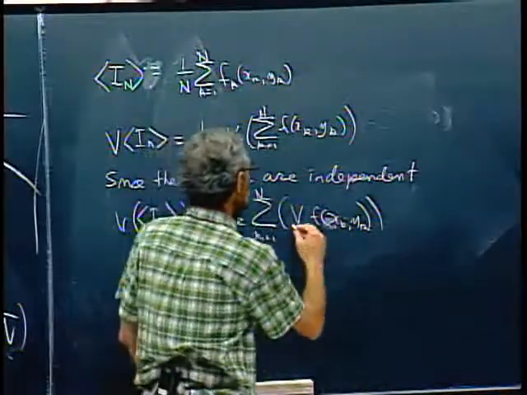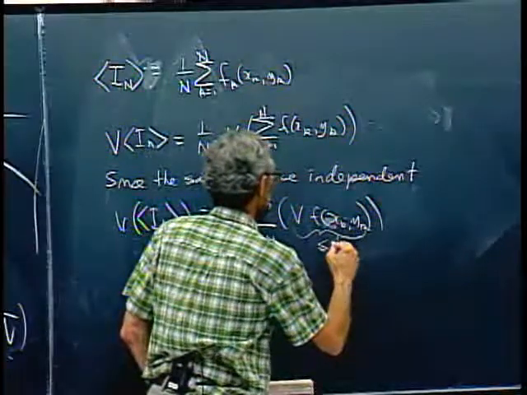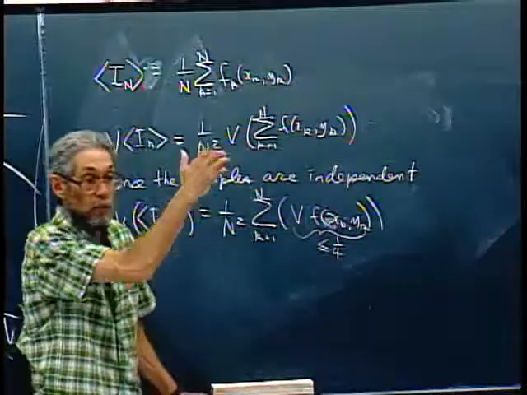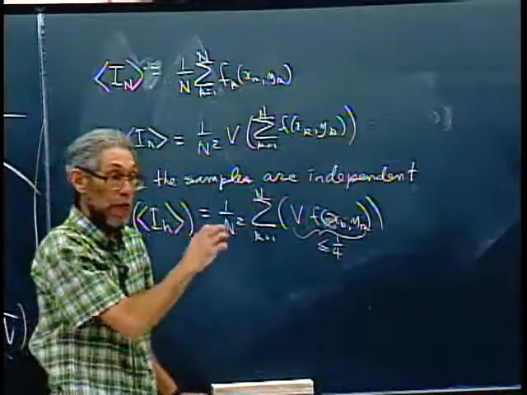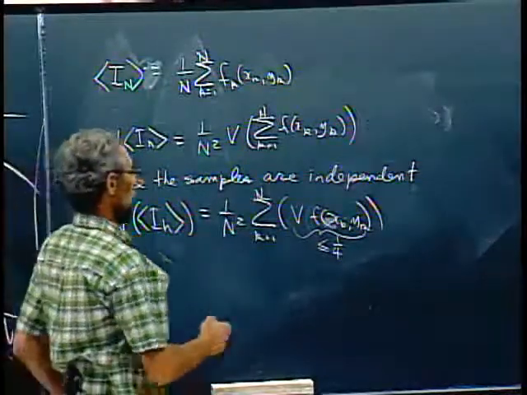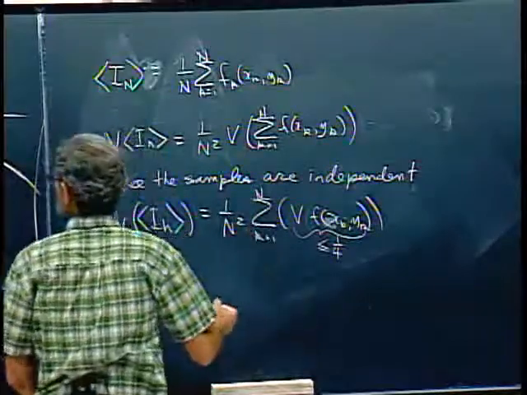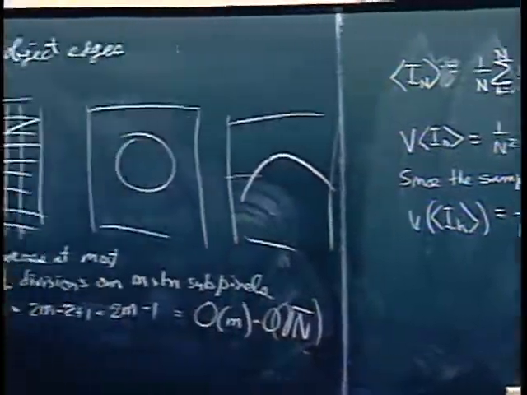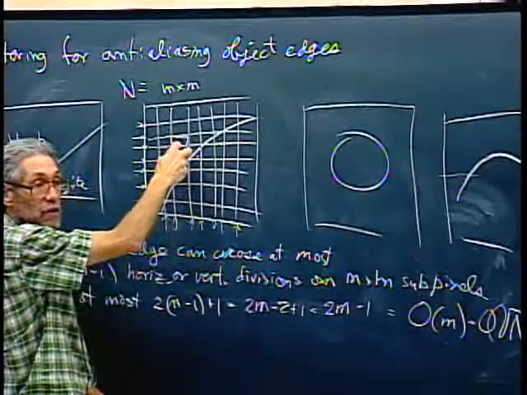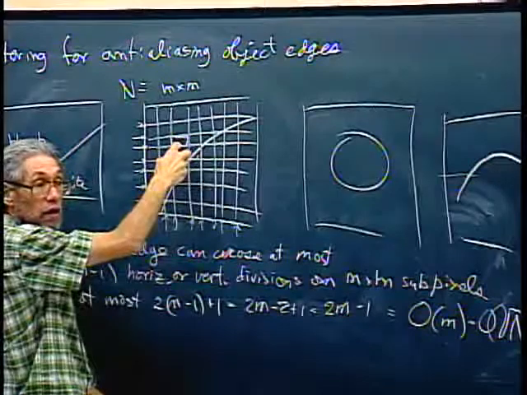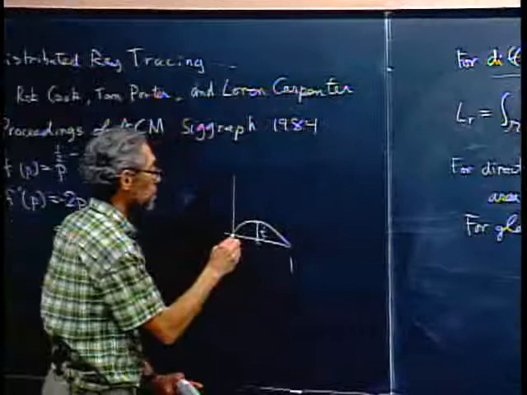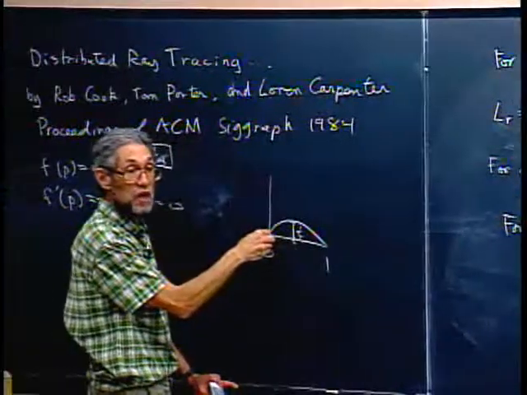Right, okay, and we know that this variance is at most a quarter. Assuming that 1 is the brightest pixel you could get. And it was a black and white image. Obviously, you could do this for each color channel. But I can do better than that, because if I'm in one of these pixels where the edge doesn't intersect, this is completely black. So the variance I'm going to get here is 0. Right? I drew this curve over here for this Poisson case. If the probability is 0 of getting white, the variance is 0.